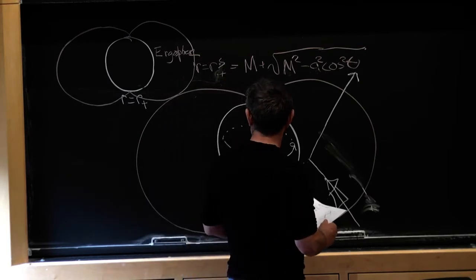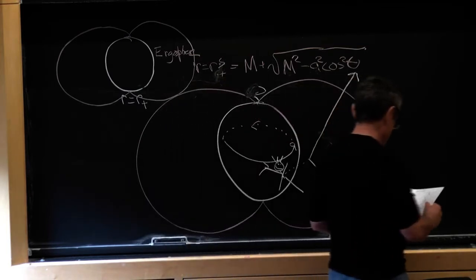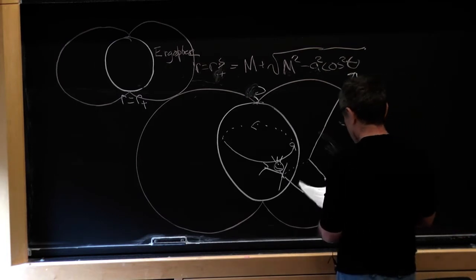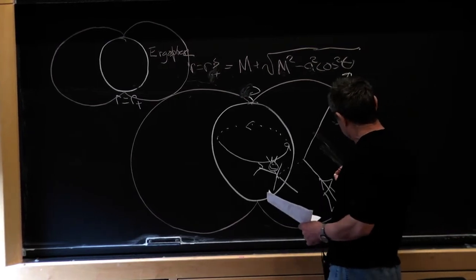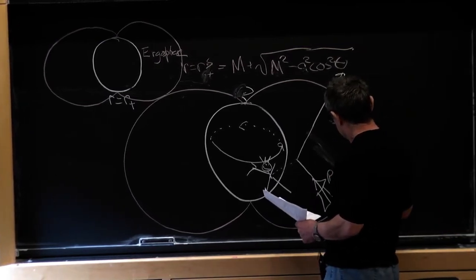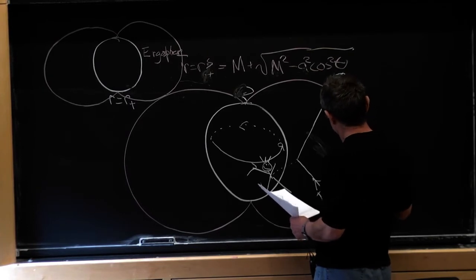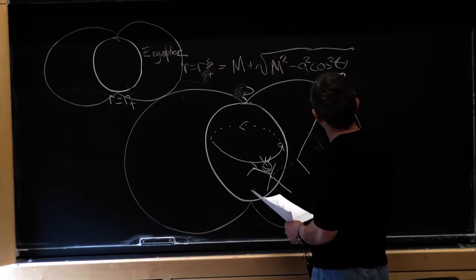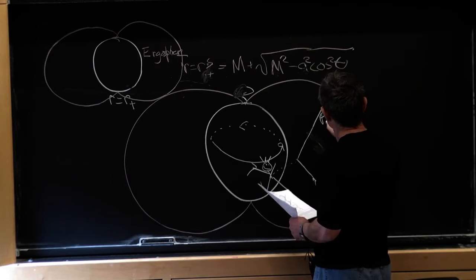Okay, so what do we know about this process? Well, here we have a four-momentum, P mu initial, and here we have P mu final.